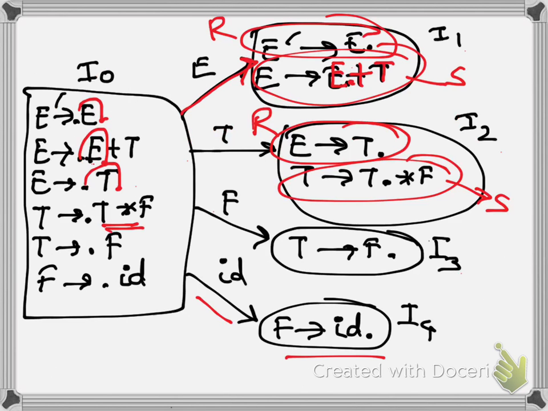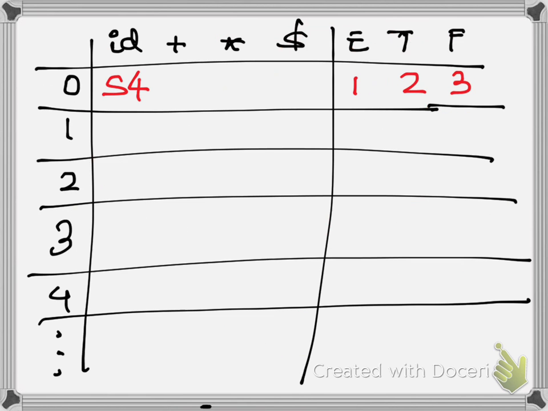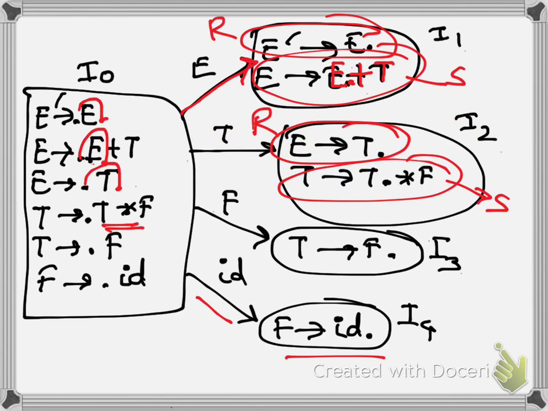Next, for state I1, if you see, this has got a reduce as well as a shift. So since this is the reduce to E dash, we will put it in dollar. So we'll say accept in dollar. But there is also a shift. So shift on plus.